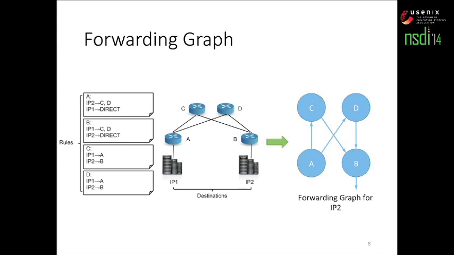For example, in this network, all the packets destined to IP2 go from A to both C and D, and both C and D will forward these packets to B. Since IP2 is a local address for B, B will just deliver the packets. This behavior can be abstracted using the forwarding graph on the right, where each node is a physical node, and each edge marks the forwarding direction of the packet.